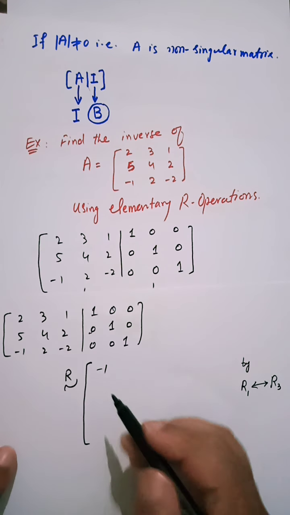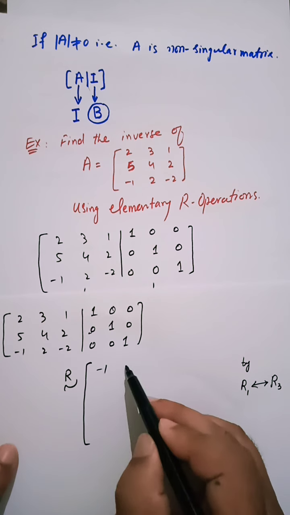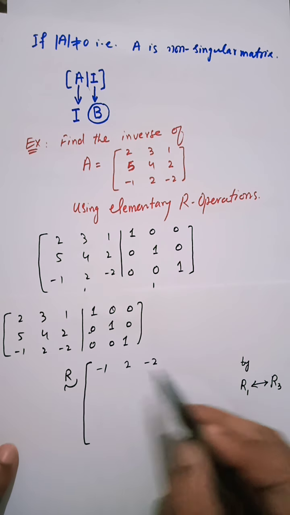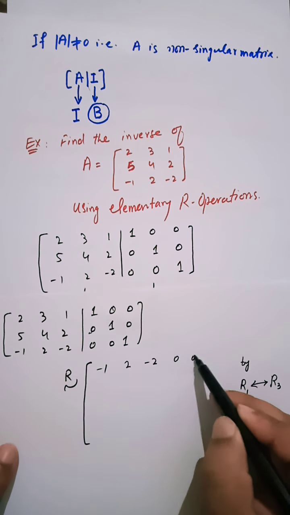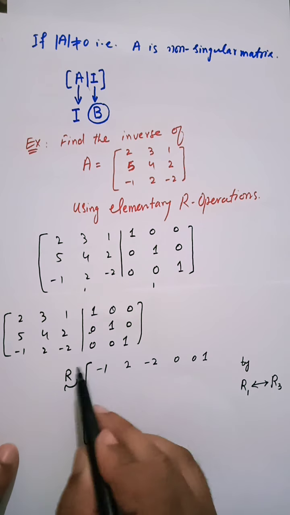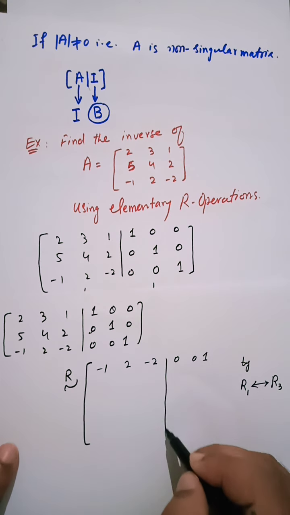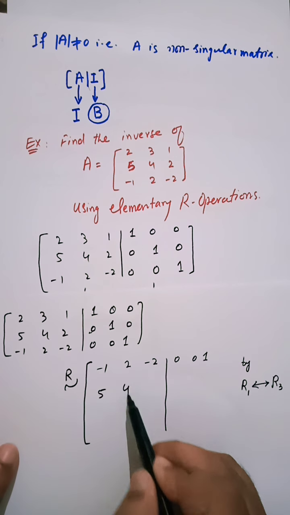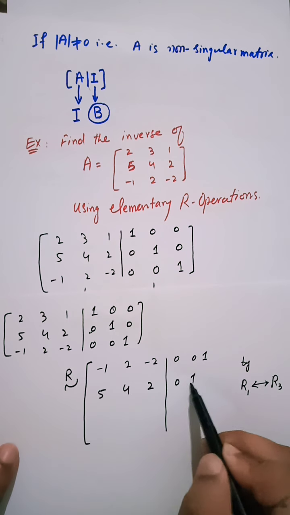You see that. So R3 will become R1. I write the whole third row in the first row, and row 2 in its place.